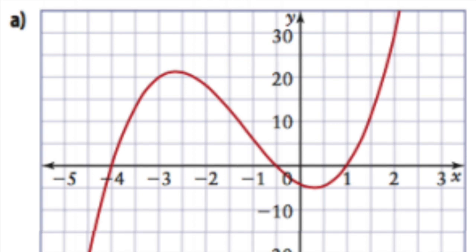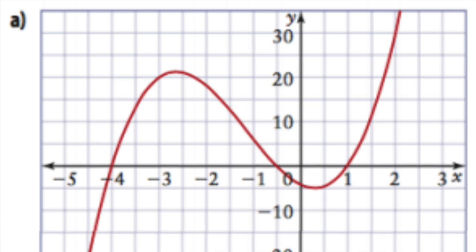So now that we have done that, we can see that there's an x-intercept at (1, 0). Now, this means that x has to be greater than 1 and less than or equal to positive infinity.